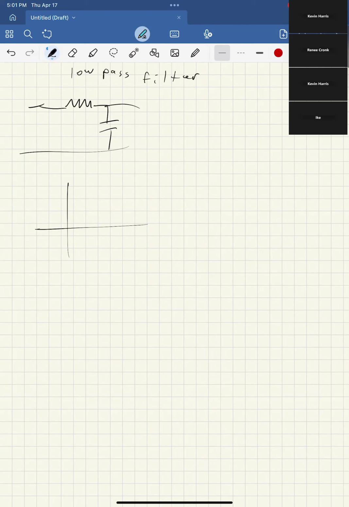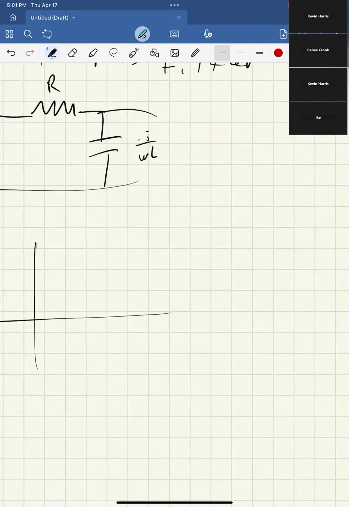The idea here is that this is a voltage divider, where if you think of it as just resistors, you have the resistor R and the resistor negative j over omega C. First off, intuitively, you know that when it's just a DC voltage, a capacitor is like an open circuit, and you can see that here. At DC, when omega equals 0, this goes to infinity, because it's something over 0.